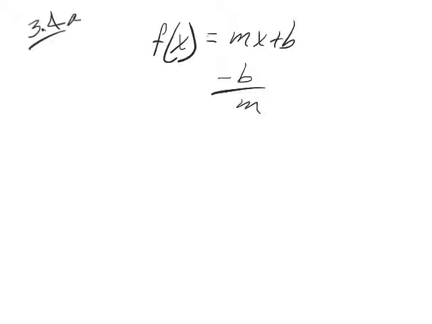So negative b over m, that will always be where the line crosses the x-axis. And it will only cross at one place.